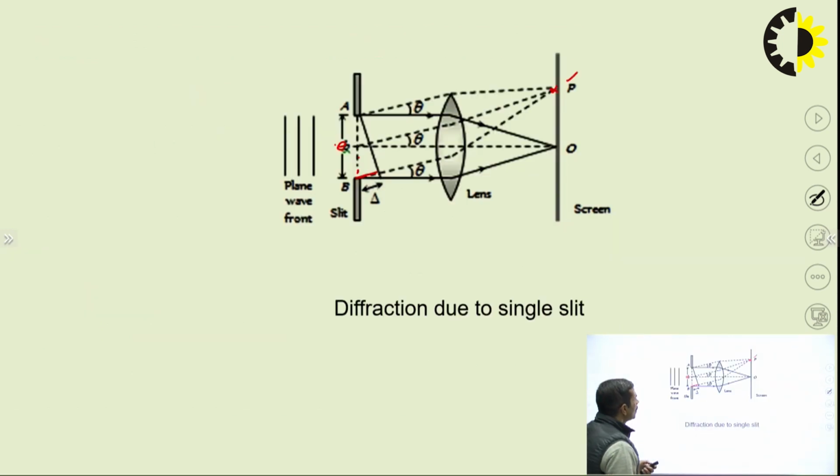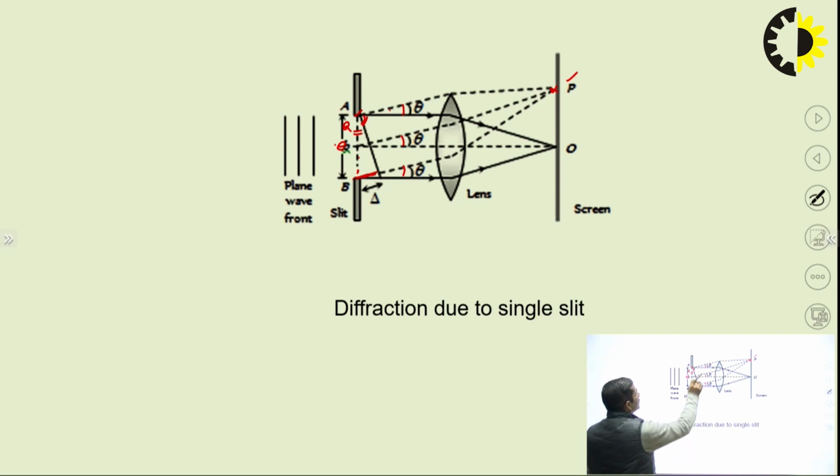We can easily find the path difference between the wave fronts originating from points A and B, because we have considered that these secondary wavelets are diffracted at an angle theta. This is the angle of diffraction theta. If this is angle of diffraction theta, then this angle will be 90 minus theta, so this angle will be equal to theta here.